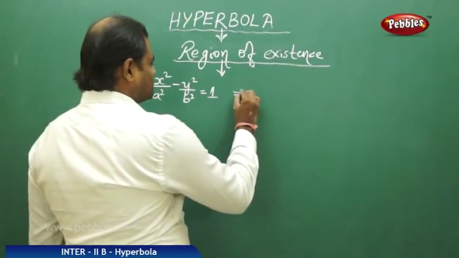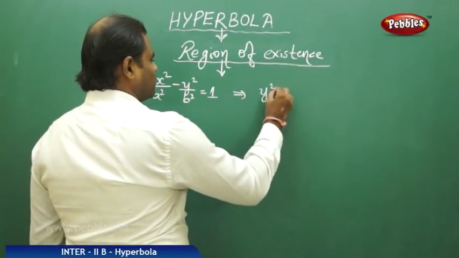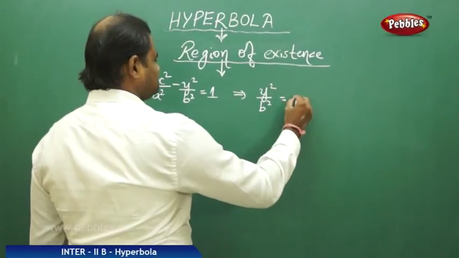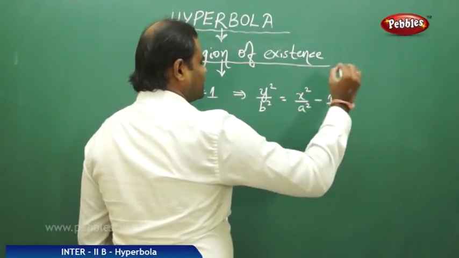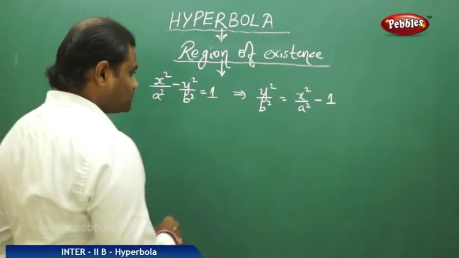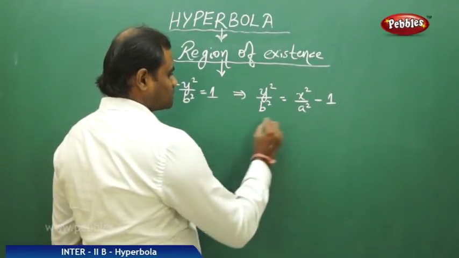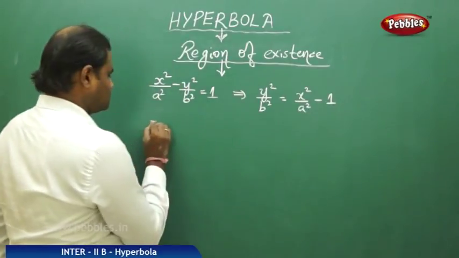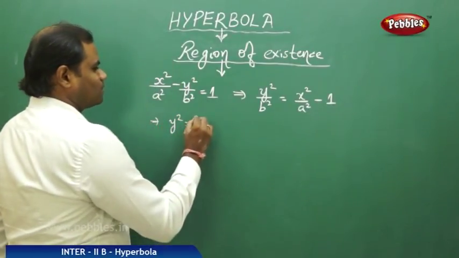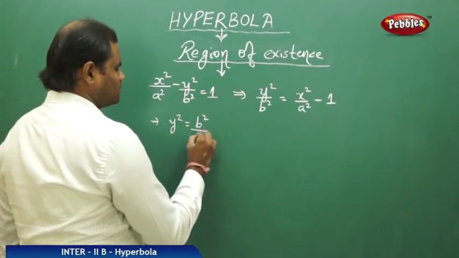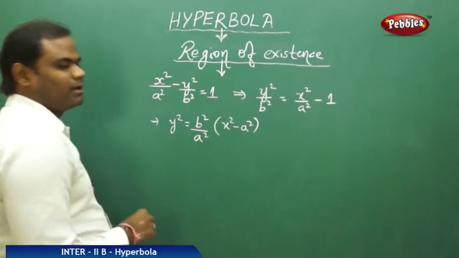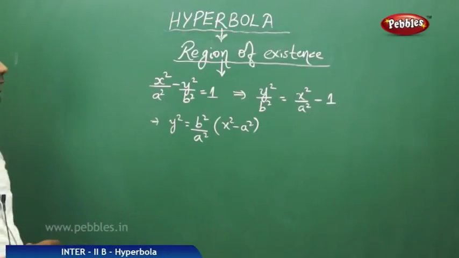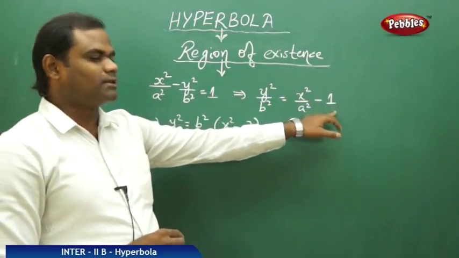So that implies y squared by b squared is x squared by a squared minus 1. This, on further simplification, gives y squared is b squared by a squared times x squared minus a squared, which is what we get when I cross multiply and simplify with the LCM.